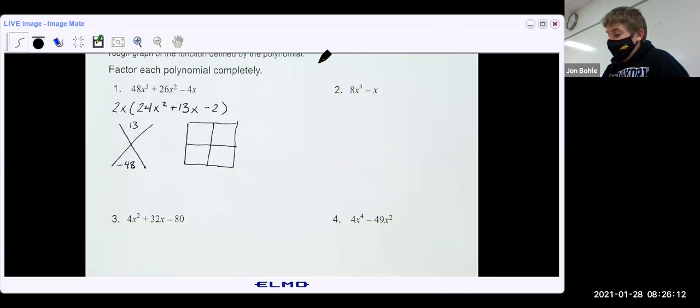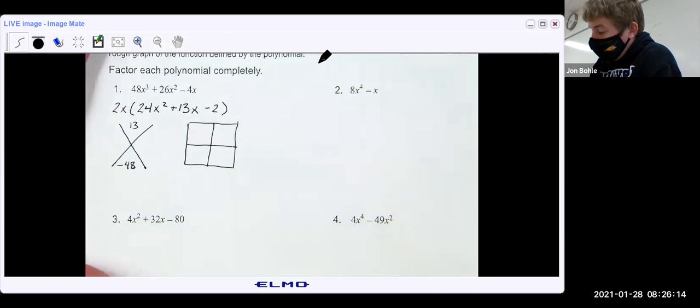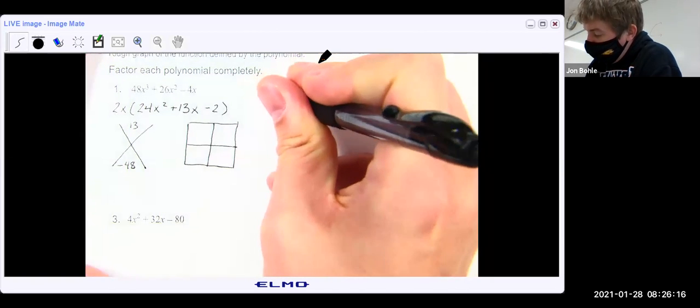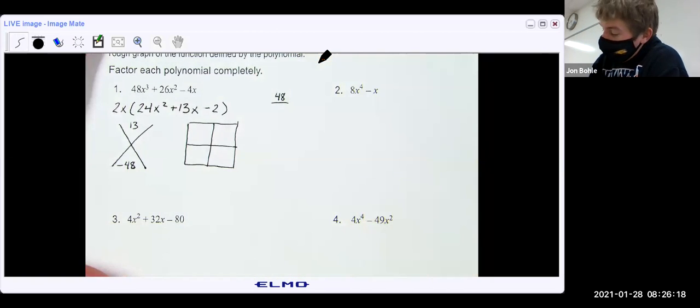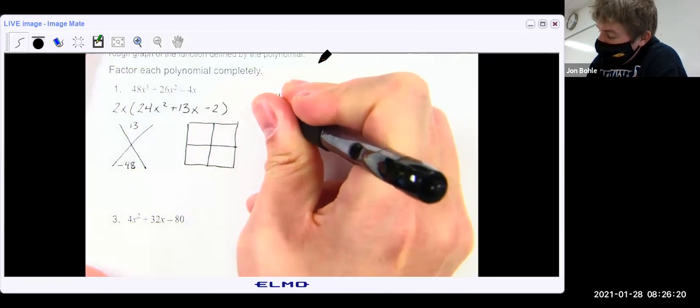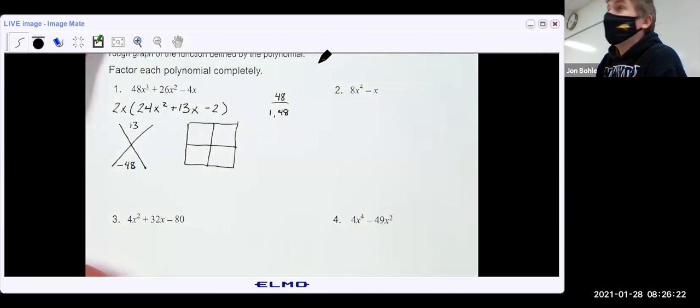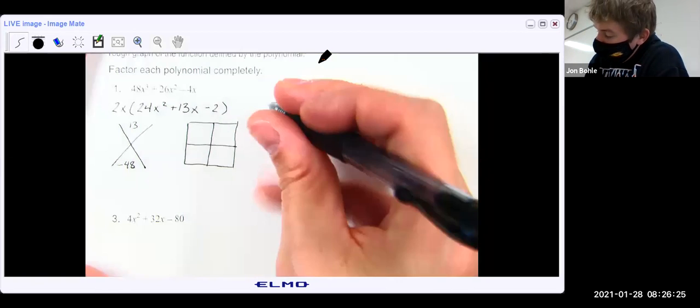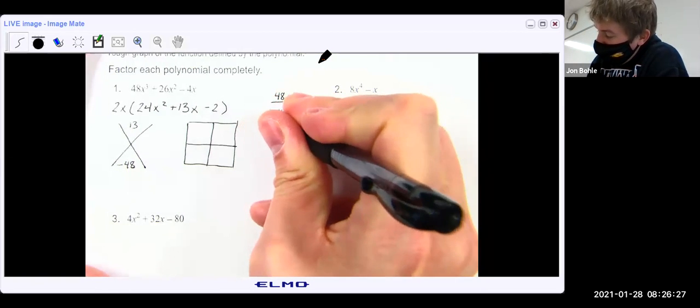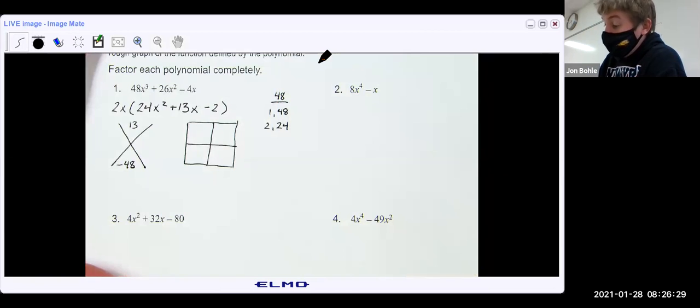I don't know what this is, so I'm going to just write out the factors of 48 here. The first combination is 1 times 48. Is 1 times 48 going to add to 13 one way or another? Then the next one is going to be 2 and 24. That can get me to 26 or to 22. That's not it. Does 48 divide by 3?